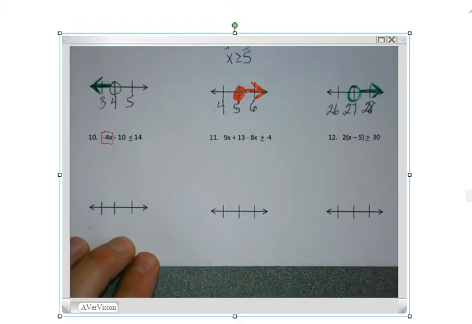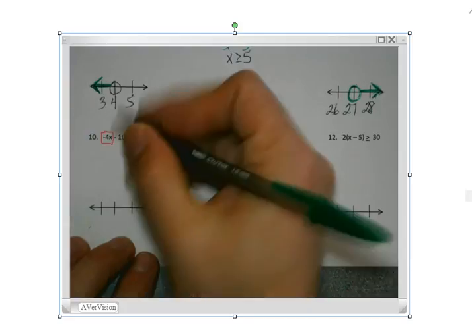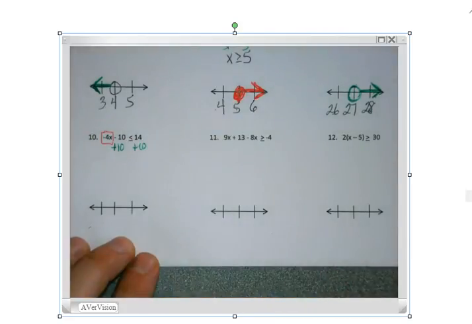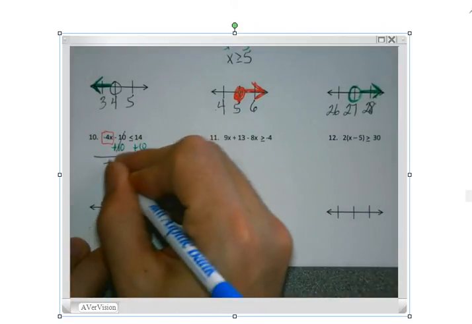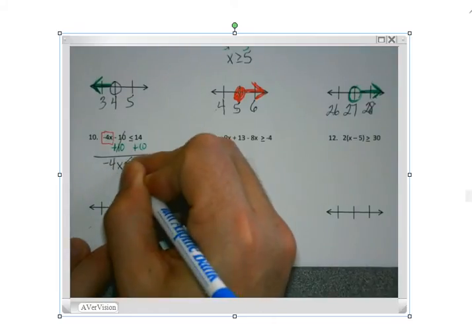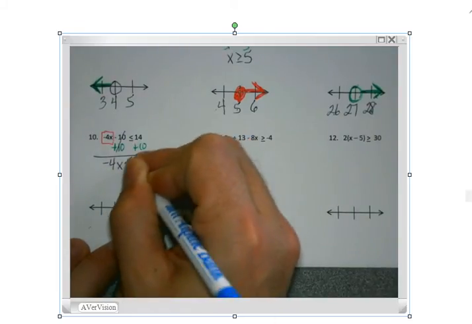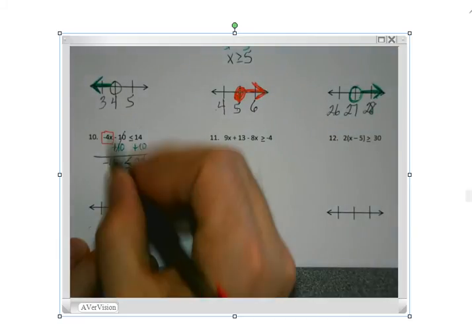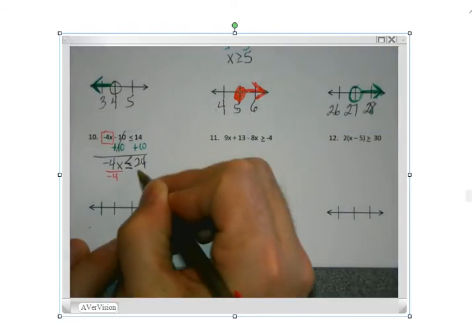What do I need to do first on number 10? Okay, add the 10. I got to get that minus 10 out of there. Okay. Divide by -4.